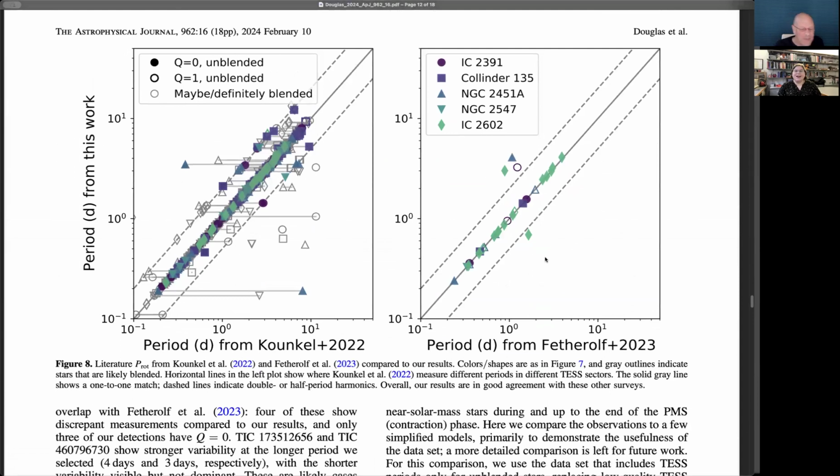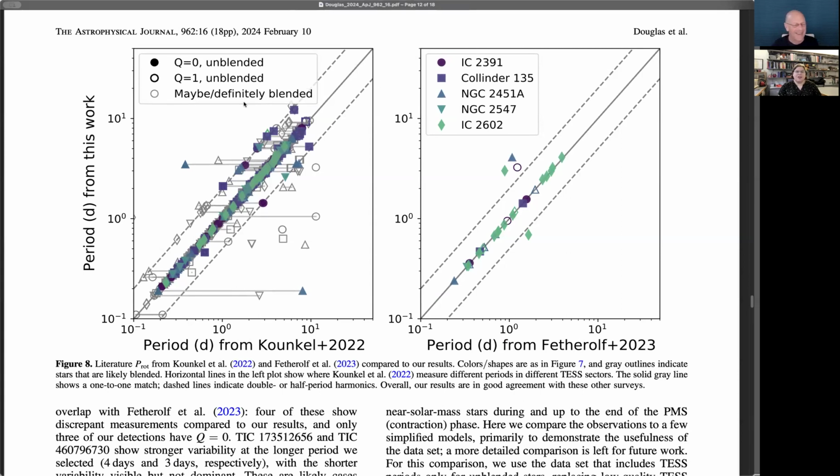So this is comparisons with two larger studies of rotation in TESS from Kunkel and Fetherolf that were done pretty close to the completion of this paper. This is again a comparison where we've got a 1-to-1 line, and I've also indicated blending because one or both of us would have had problems if there was a blend.